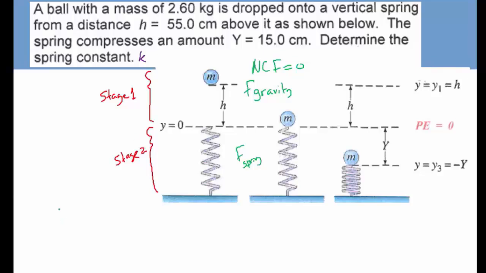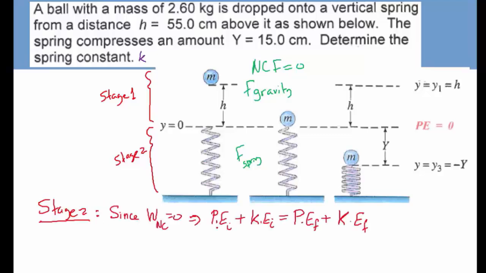So now if we go ahead and apply the law of conservation of mechanical energy on stage 2, since we are interested in the spring, we are trying to find k, the initial potential energy will be 0 initially. The spring is at the equilibrium position, y equal to 0. And the final kinetic energy will be 0 because the spring will compress all the way, and whenever it reaches maximum displacement at negative uppercase Y, the velocity is 0.